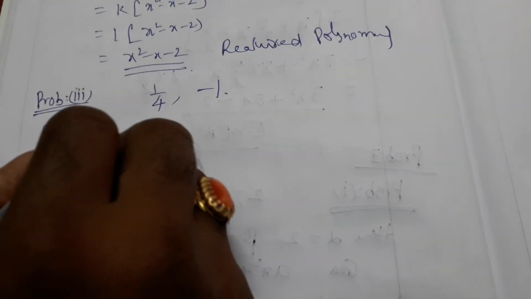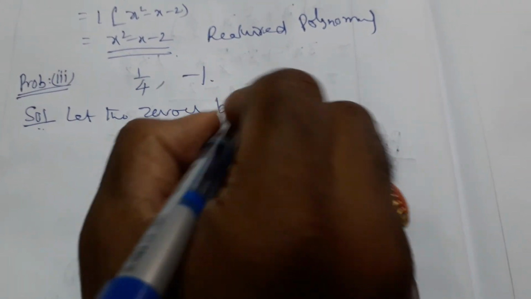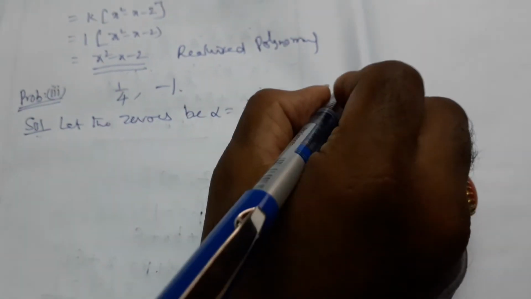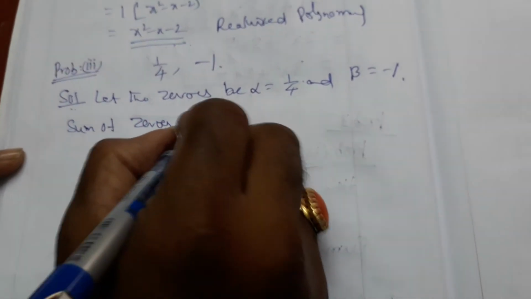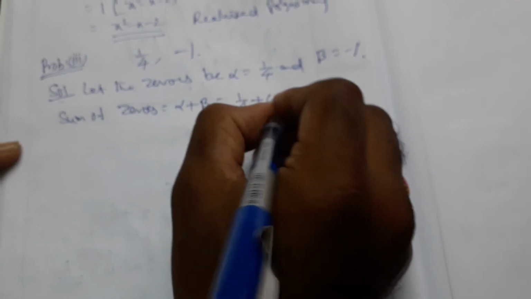Let the zeros be alpha equal to 1 by 4 and beta equal to minus 1. Now sum of zeros equals alpha plus beta, that equals 1 by 4 plus minus 1.